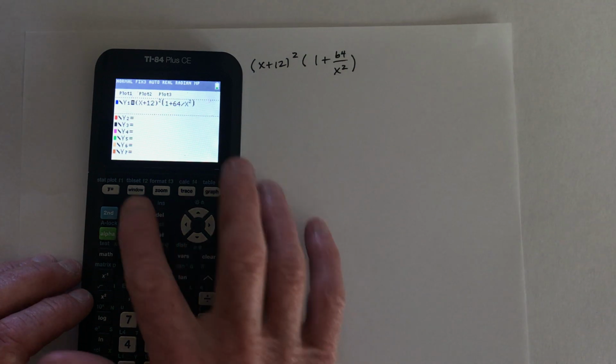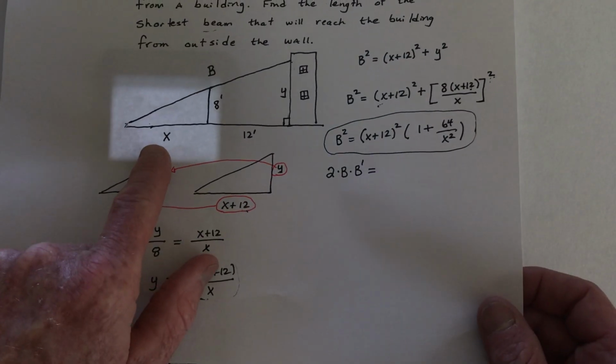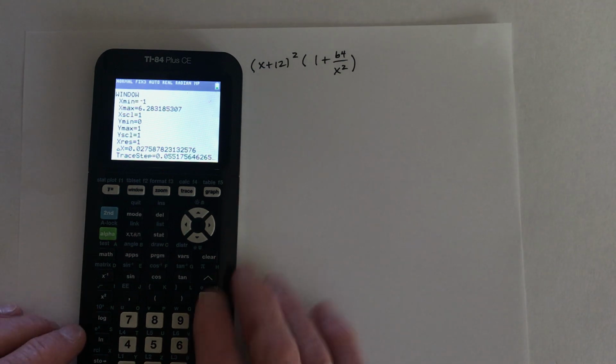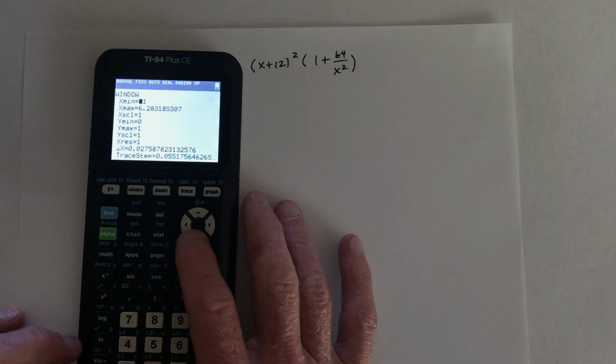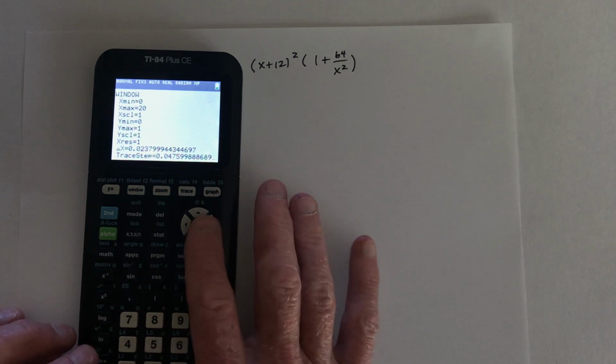Okay, then look at that function. For the window, x is this distance. So if the numbers on there are like 12 feet and 8 feet, I think I'll go from 0 to maybe 20 feet at the most.